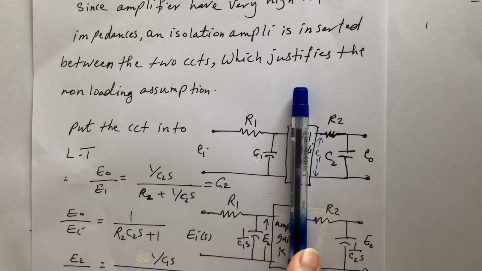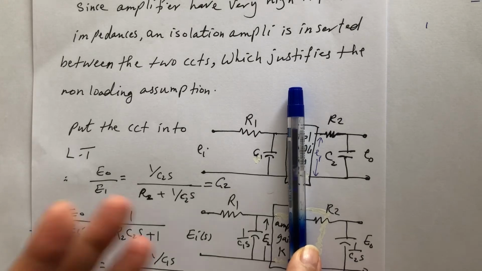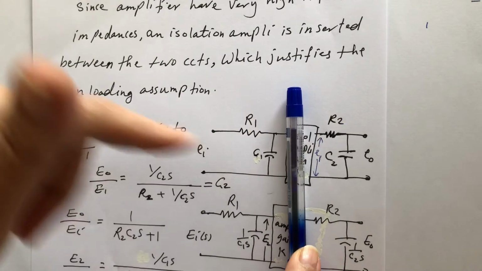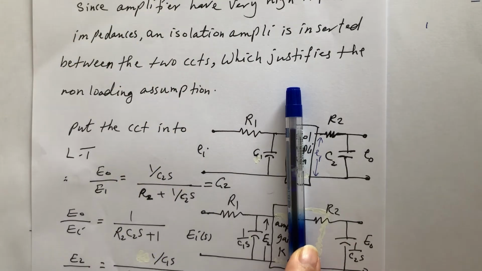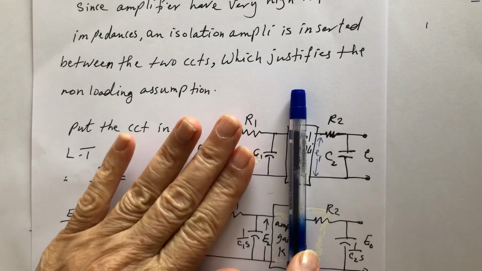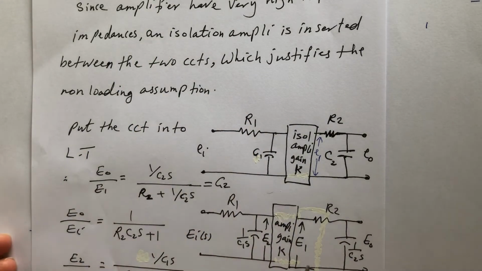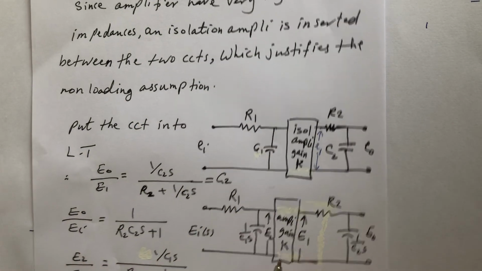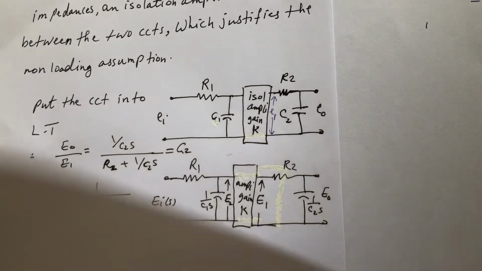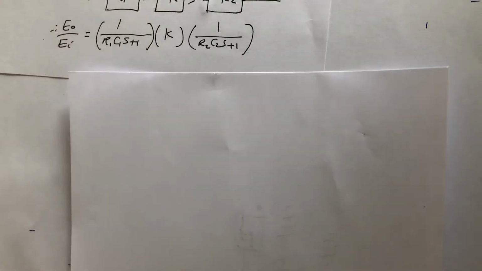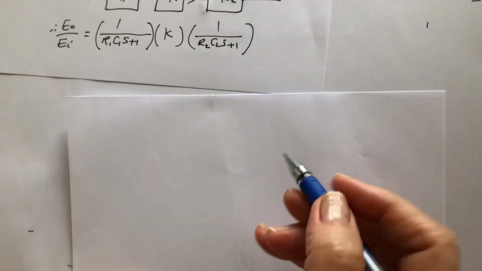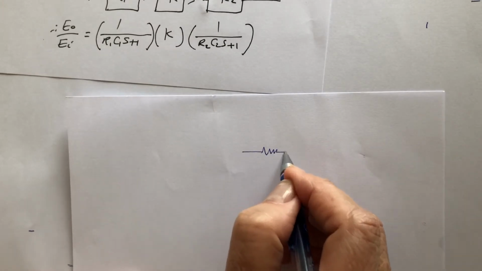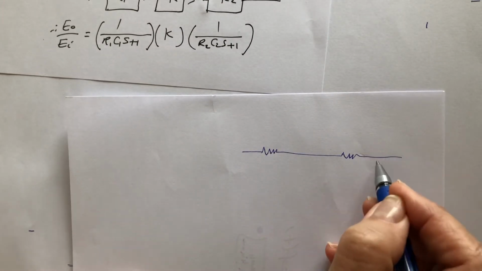If I don't put an isolating amplifier, then I have to calculate the transfer function E out over E in the same way we did with the two meshes we treated. So if we don't have the amplifier, we will have this one and this one and this.